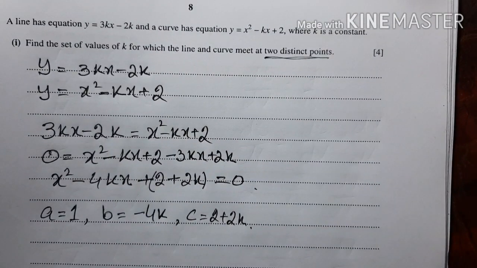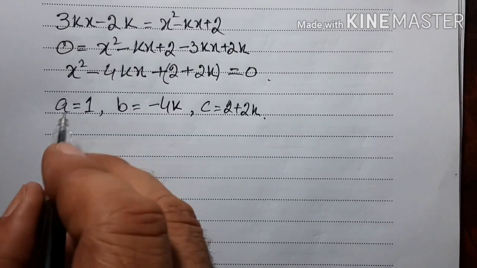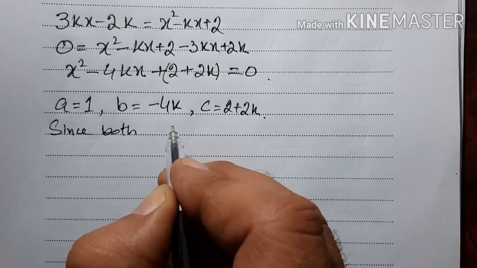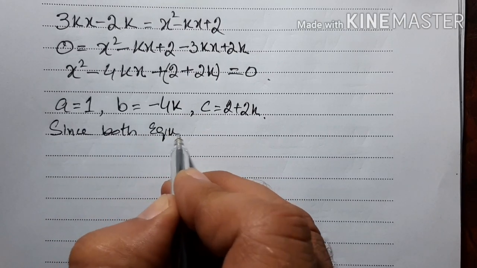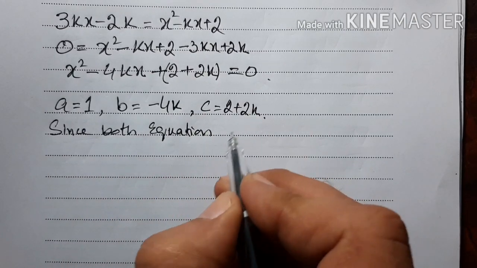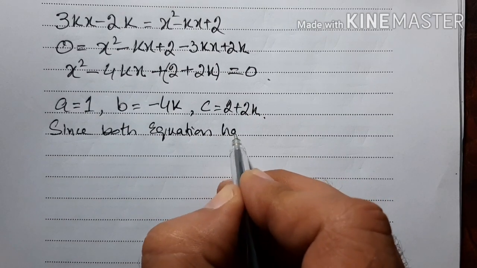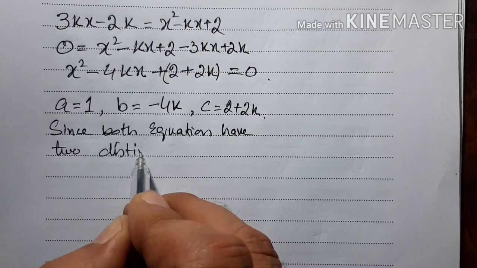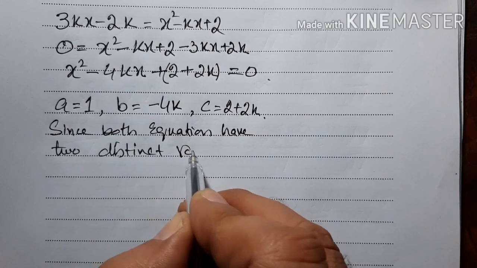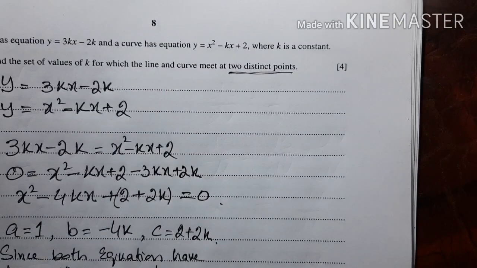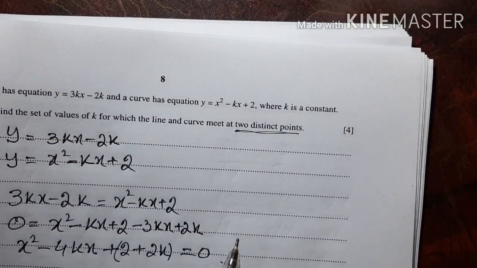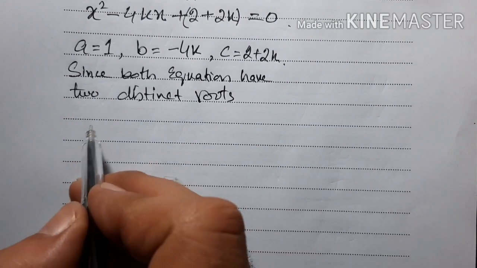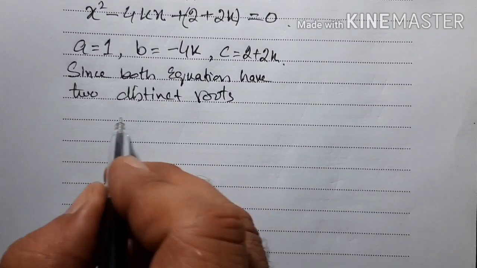Now since both equations have two distinct roots, which is given two distinct points, therefore discriminant should be greater than 0.